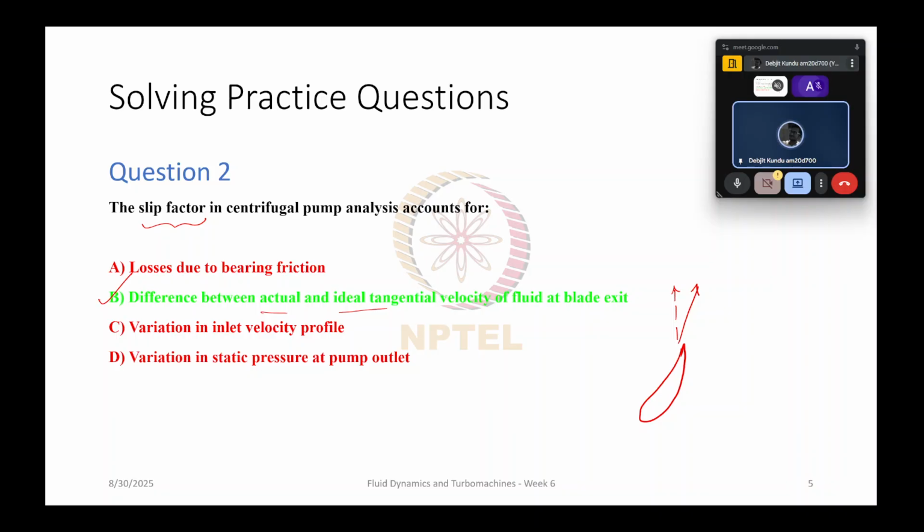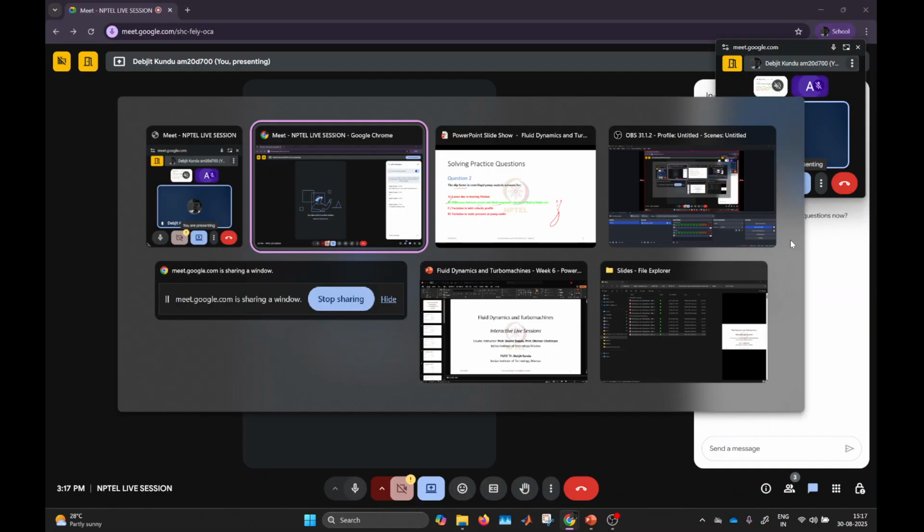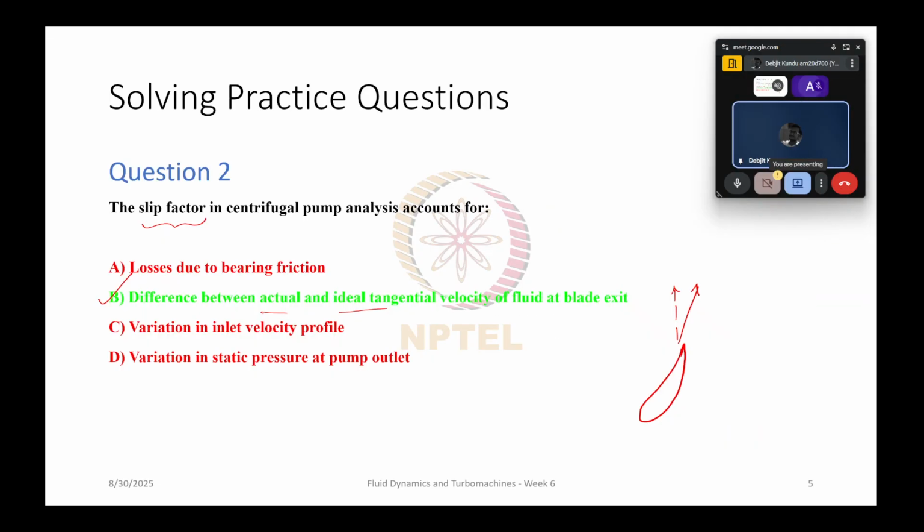Good. Any questions on this? Okay, if not, we will keep moving.